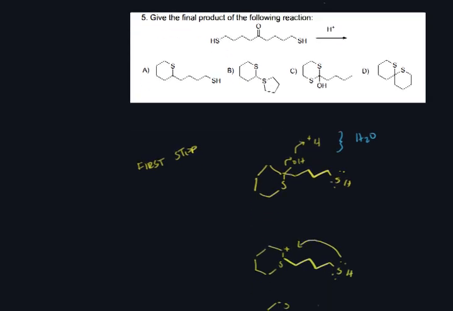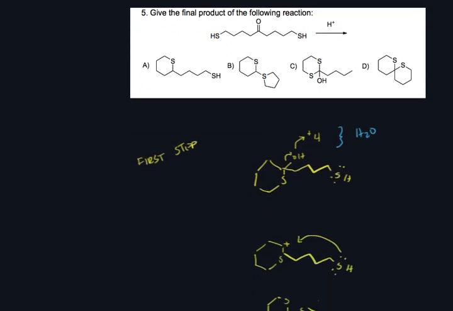So moving down to number 5, it says give the final product of the following reaction. This is a really similar reaction where sulfur is a group 6 element, and so it's going to act just like oxygen. It has those lone pairs of electrons just like oxygen.